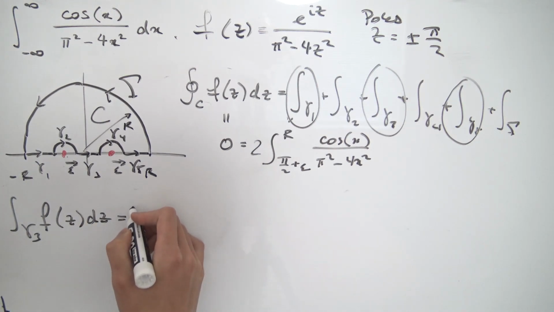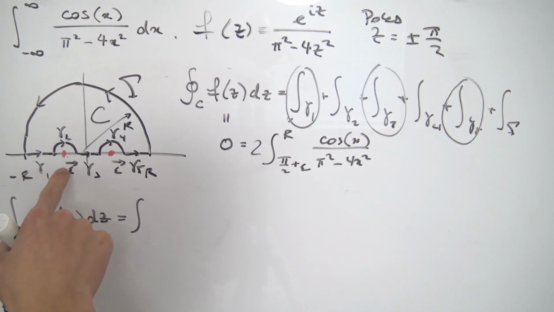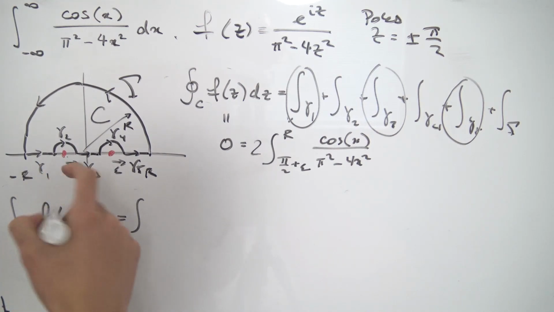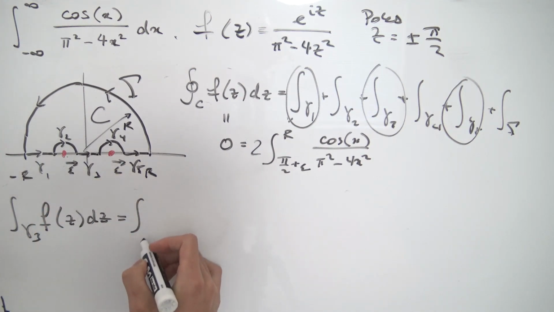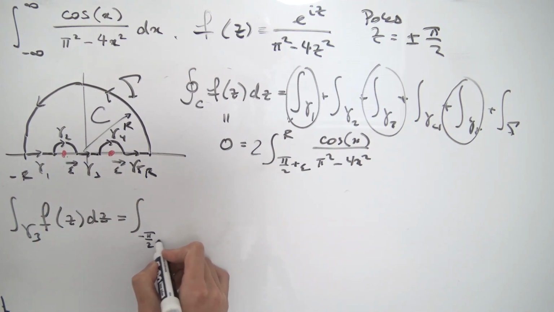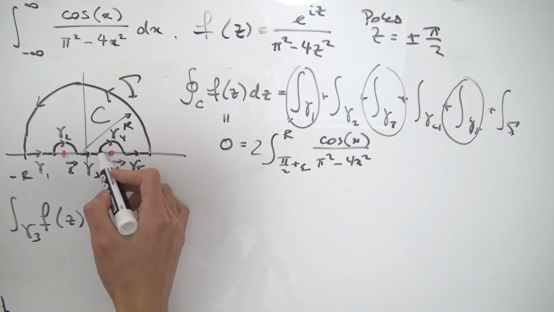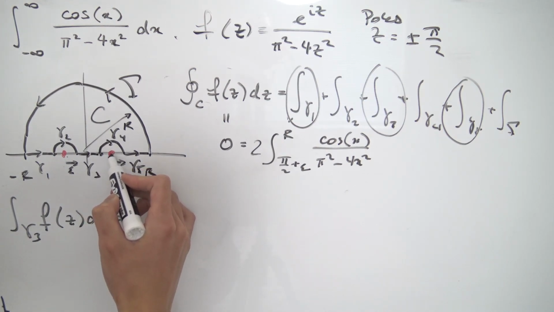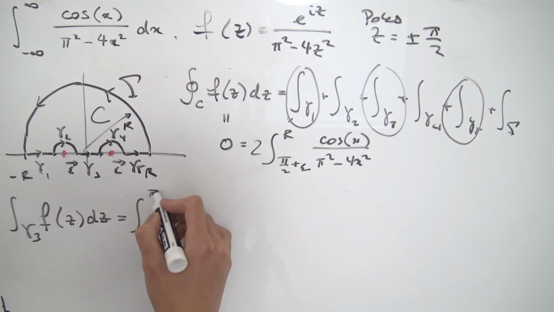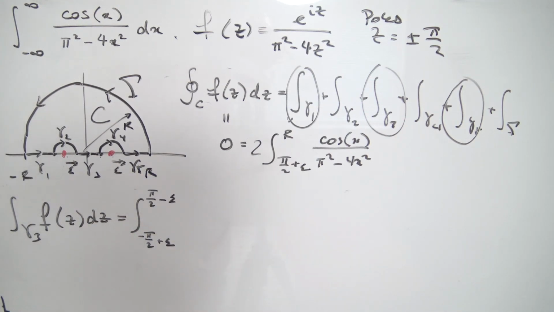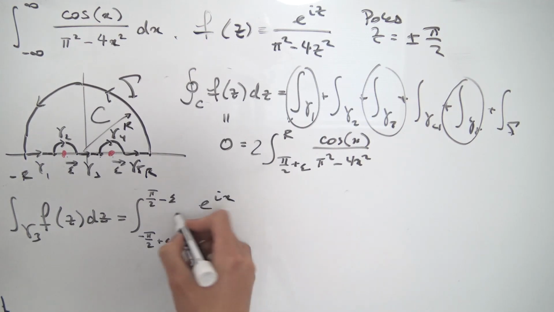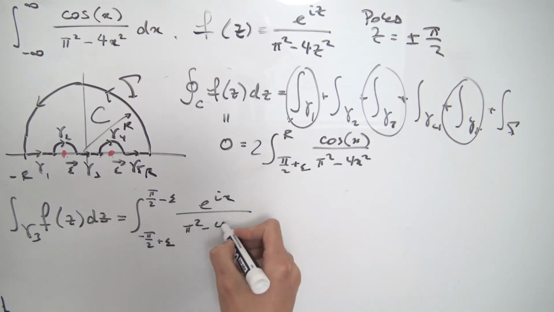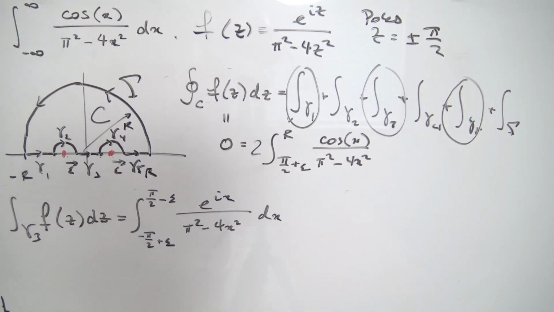Well, again, we're on the real axis, so that's the integral going from minus pi on 2 plus epsilon, starting right here, where we have to add epsilon to get there, to this point right here, which is pi on 2 minus epsilon, of f of z dz, but on the real axis we're just going to take f of x, and that's exactly e to the ix over pi squared minus 4x squared dx, like so.